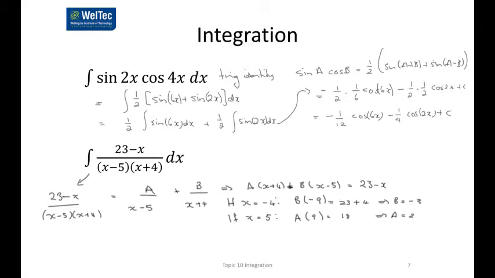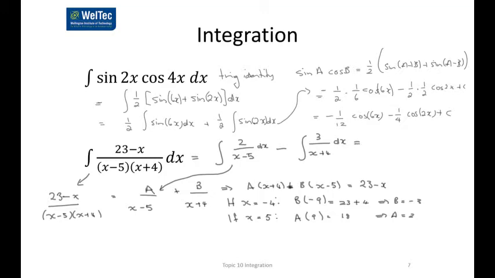So that means our initial problem decomposes to the integral of 2 over x minus 5, now that we've found a, plus, except that it'll be minus because b is negative, the integral of 3 over x plus 4, and then it's just a log problem.